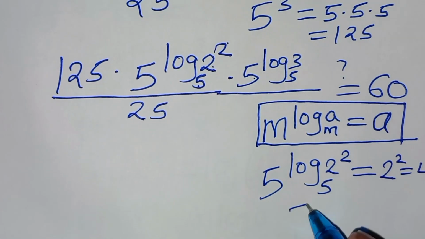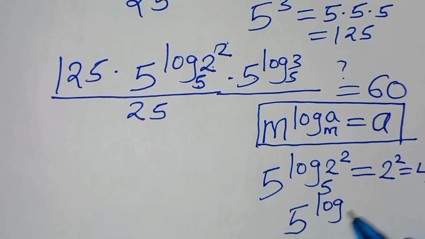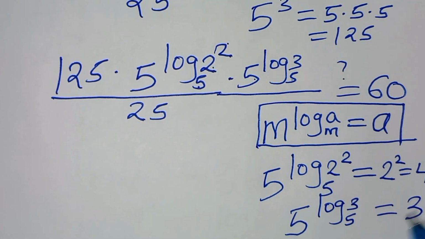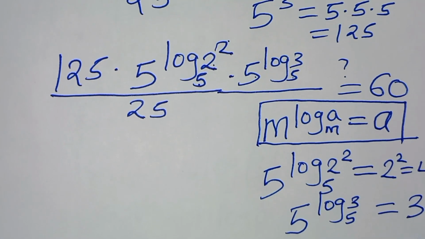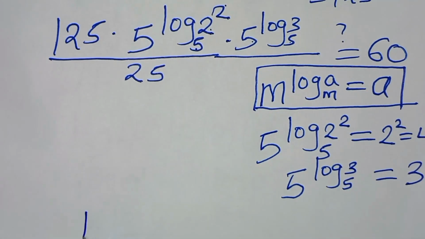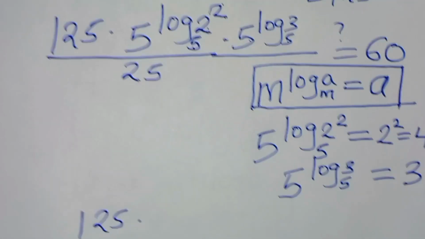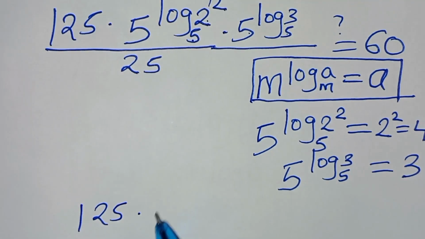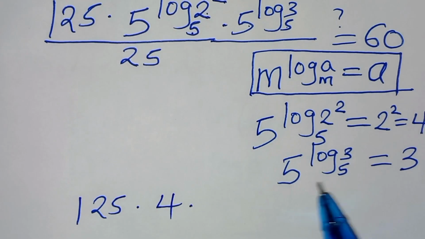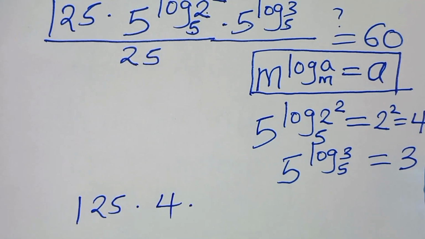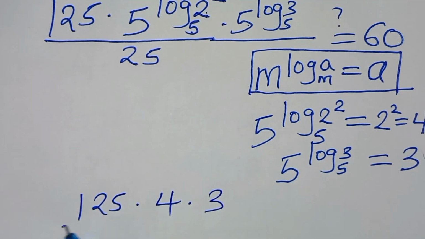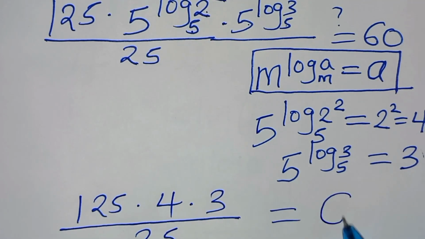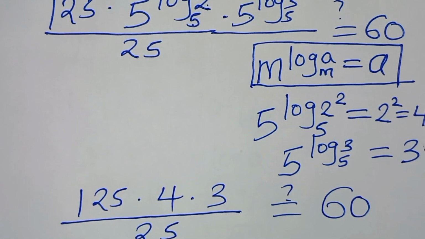And 5 to power log 3 to base 5 gives us a value of 3. So let's substitute these two values here. We have 125 multiplied by 4, multiplied by 3, then everything divided by 25. This is supposed to give us a value of 60.